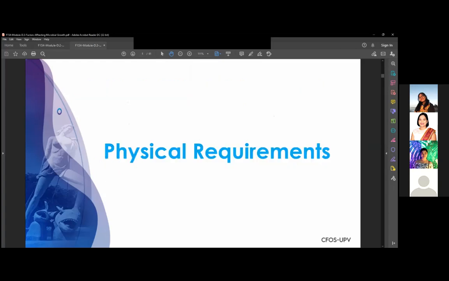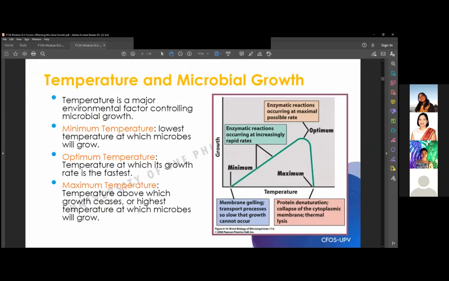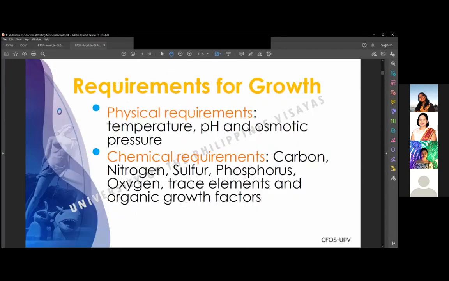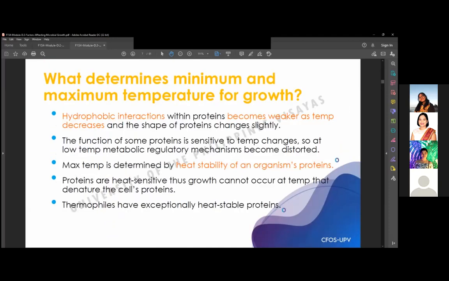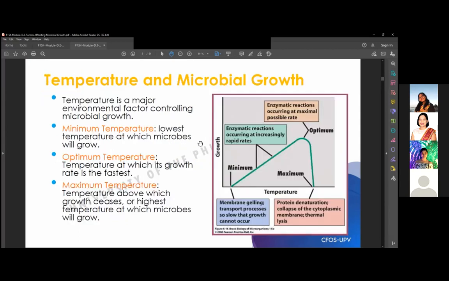So for the physical requirements: temperature, pH, and salt level, meron silang mga optimum. Especially for temperature and pH, they have this minimum, optimum, and maximum na requirement.